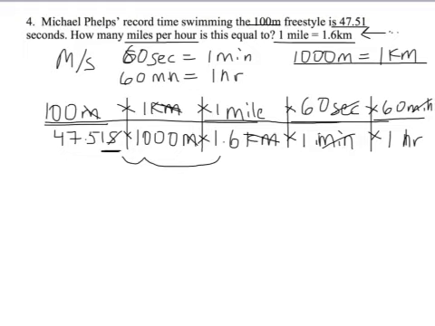So if we do that, it comes out that he swims 4.736, if you round up, miles per hour.